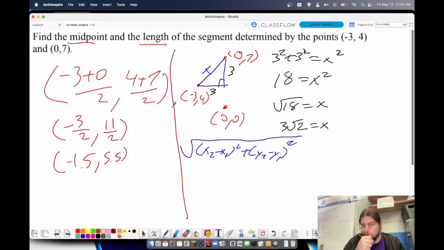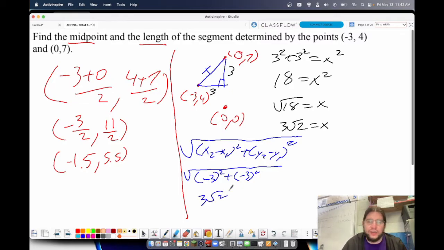So x2 minus x1: negative 3 minus 0, that's negative 3. y2 minus y1: 4 minus 7, that's negative 3. As you can see, we got the same thing as over here. So we again get 3 square roots of 2 for our final answer. I'm hoping my face isn't in the way right now. It's the same thing as it is over here.